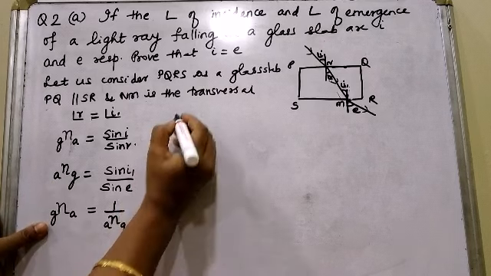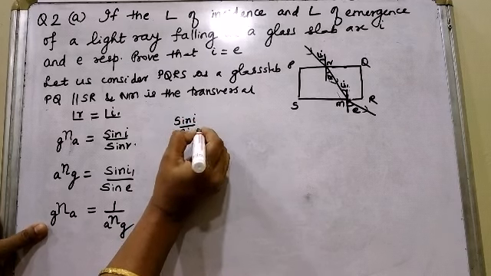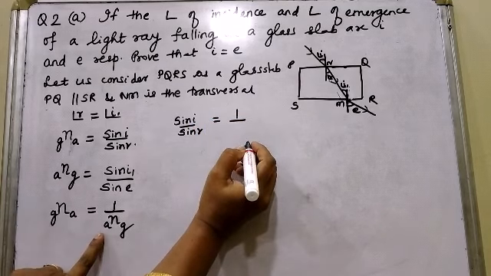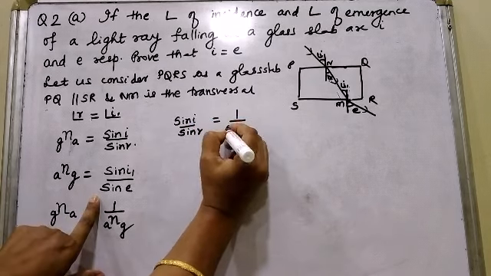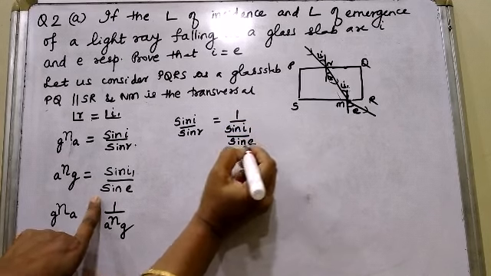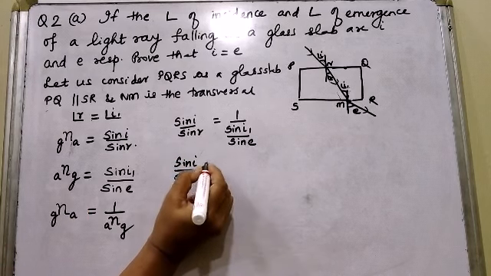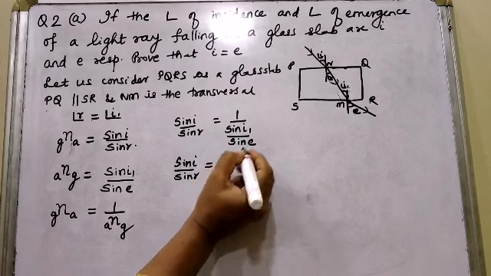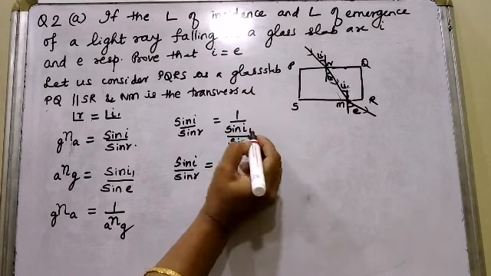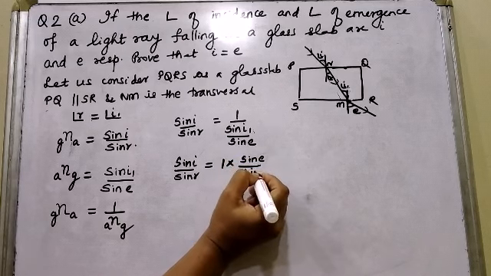Sin I by sin R is equal to 1 upon sin I1 upon sin E. Taking the reciprocal, it becomes sin E upon sin I1.